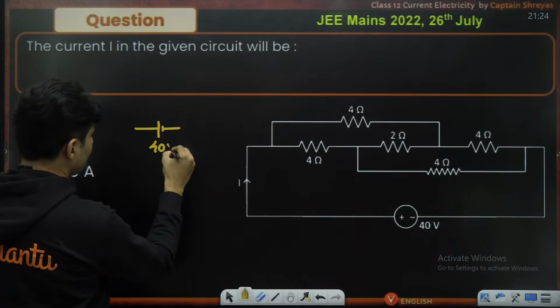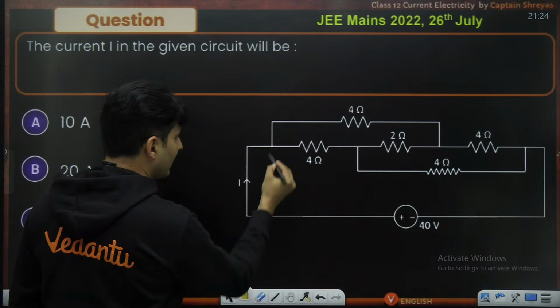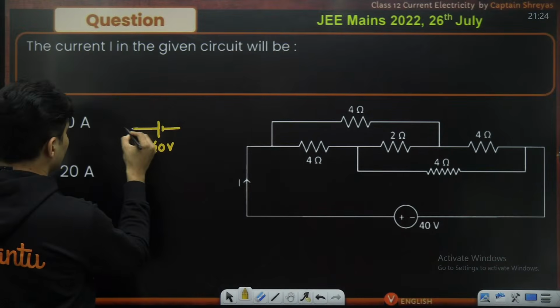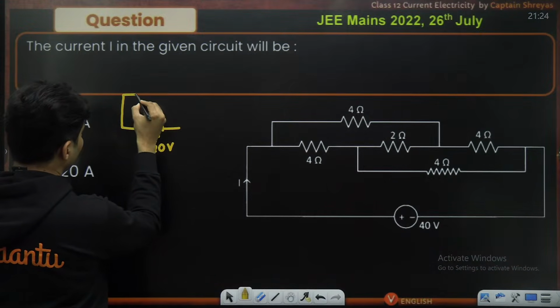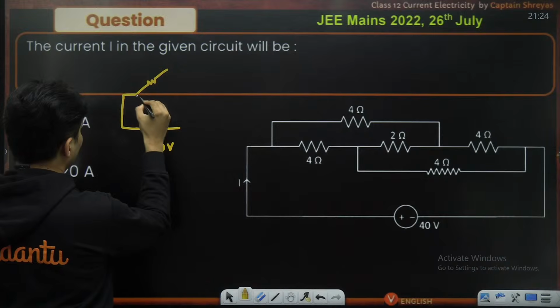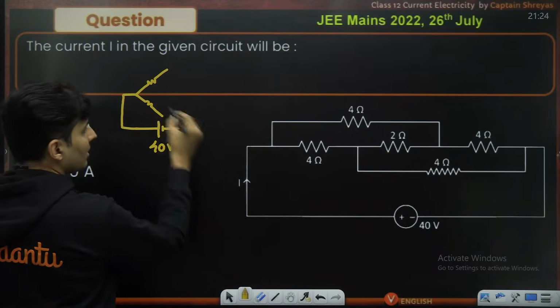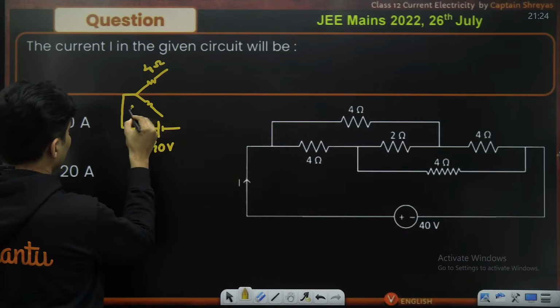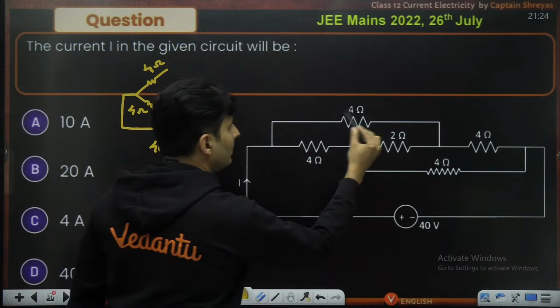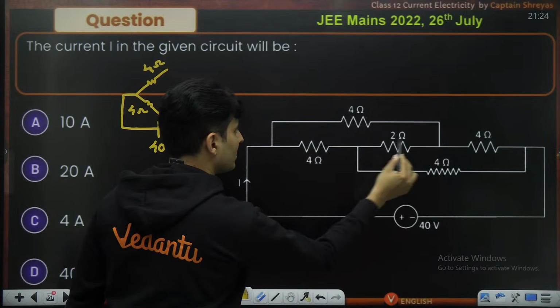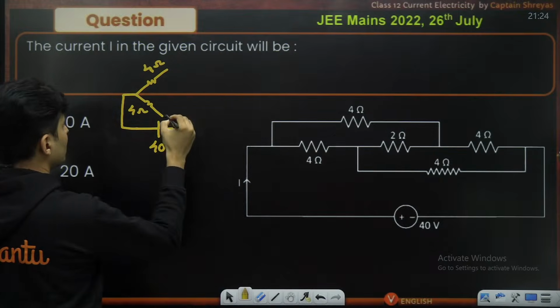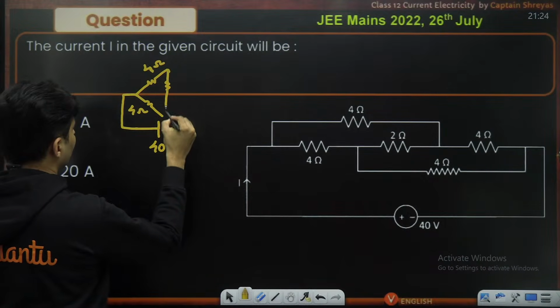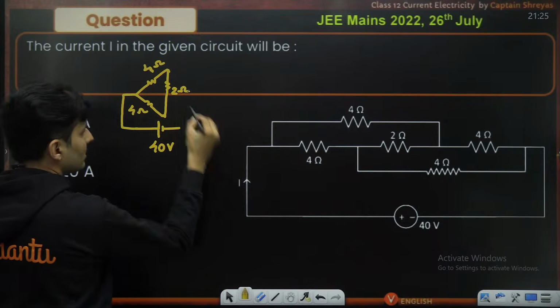This is 40 volts here. The current will come here and it is going into two branches, one here and one here. This is 4 ohms. This is 4 ohms. This is also 4 ohms. This 4 ohms and this 4 ohms, they are connected with this 2 ohms.